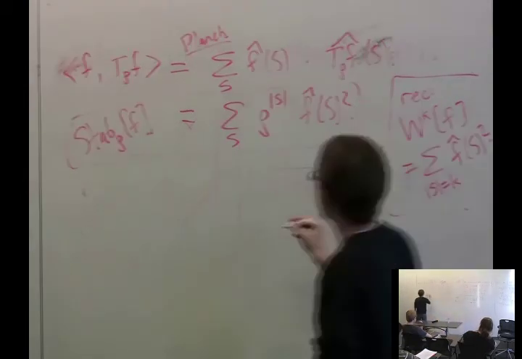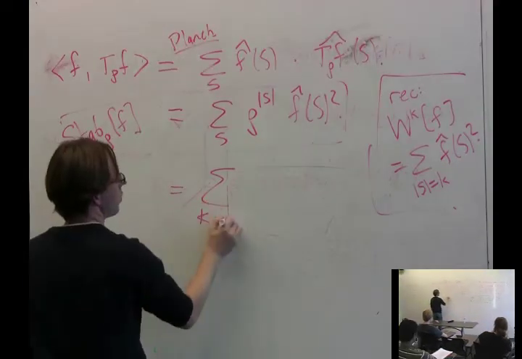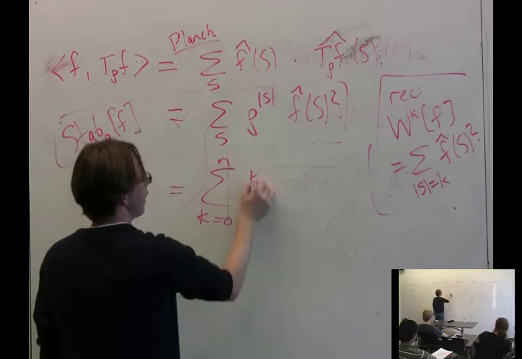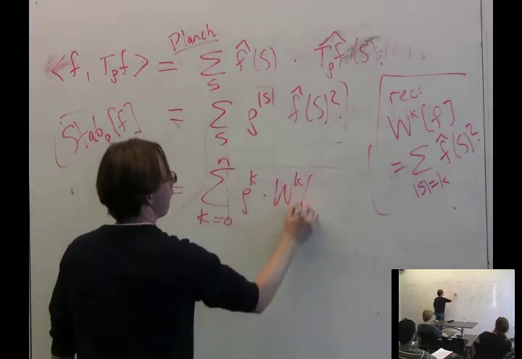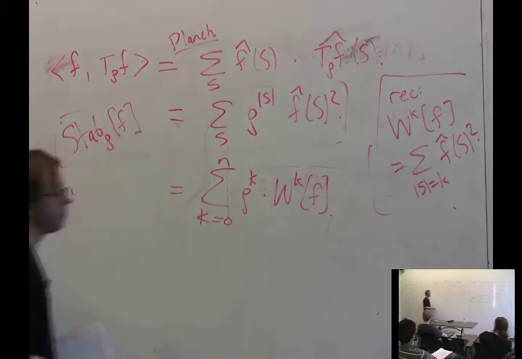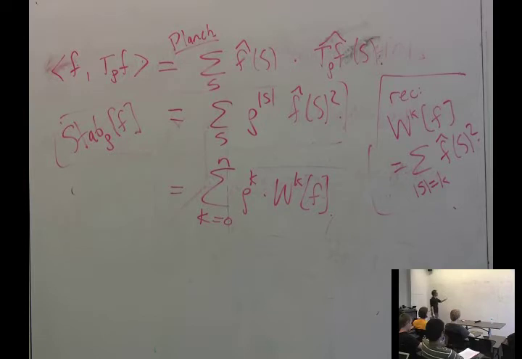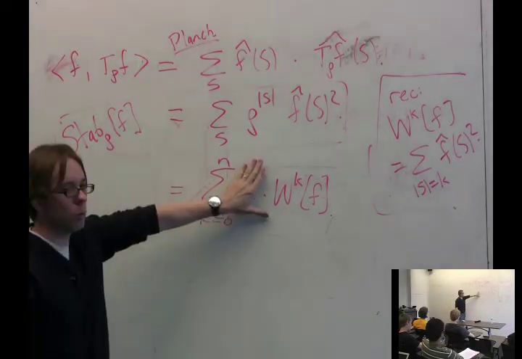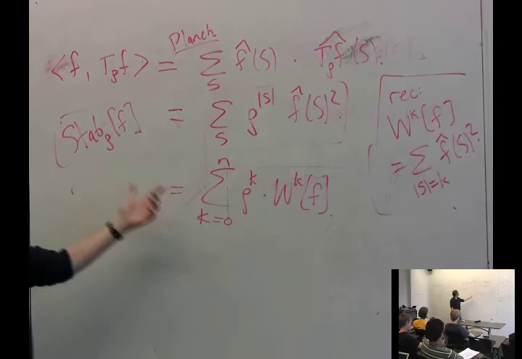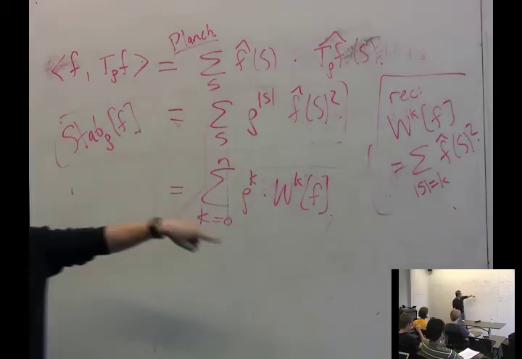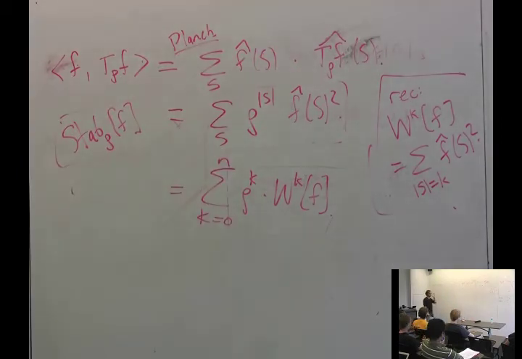This can also be written as the sum, k goes from 0 to n, of rho to the k times this weight. For Boolean valued functions, we know that the sum of all the weights is 1. As you see, when you look at the noise stability, this attenuates the high degree weights. And it will give you a number between minus 1 and 1, between 0 and 1 if rho happens to be non-negative, which is the usual case.